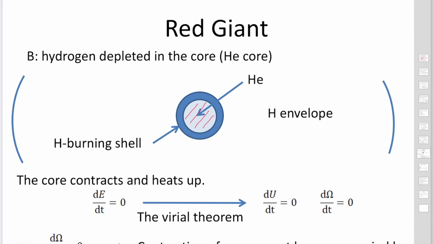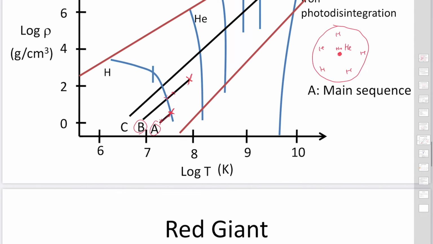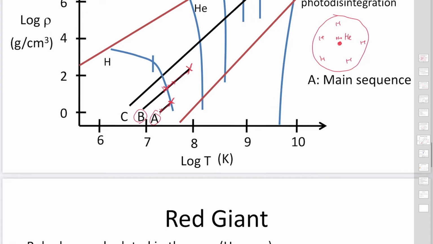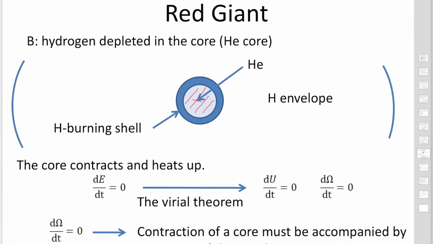Then in the outer regions, at some point, density is decreasing. At this point, hydrogen is burning. So from the outer regions, on this hydrogen burning shell, hydrogen is converted to helium. And further out we can find stable hydrogen.